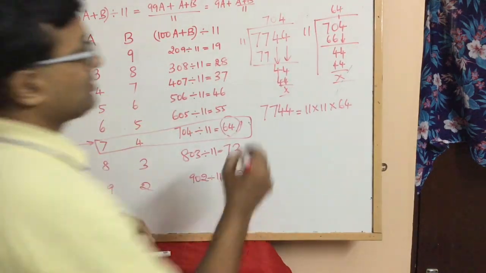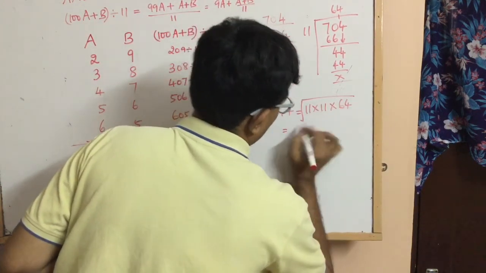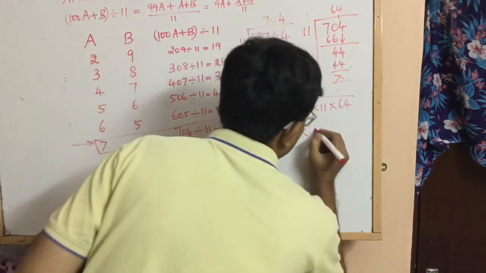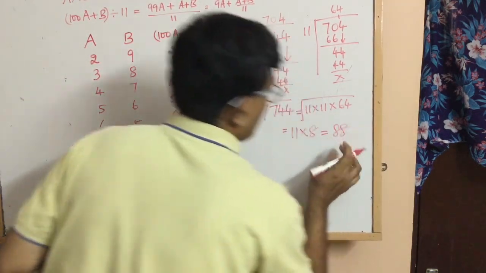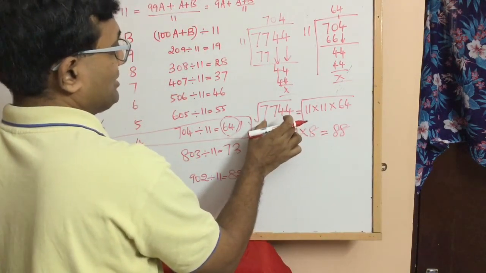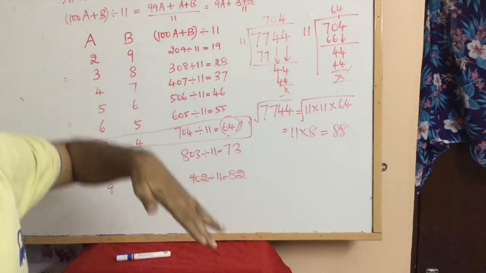If we took the square root of this number, the square root of 11 into 11 is 11, and the square root of 64 is 8. In other words, 88 squared is 7744. So this is the only number which satisfies all the conditions specified in this problem.